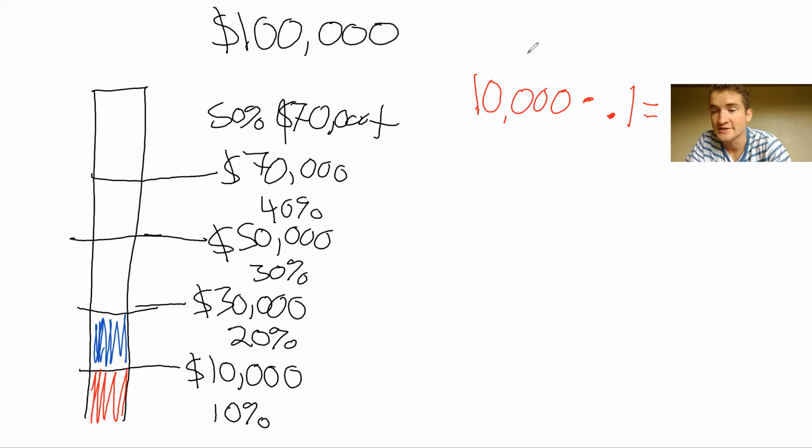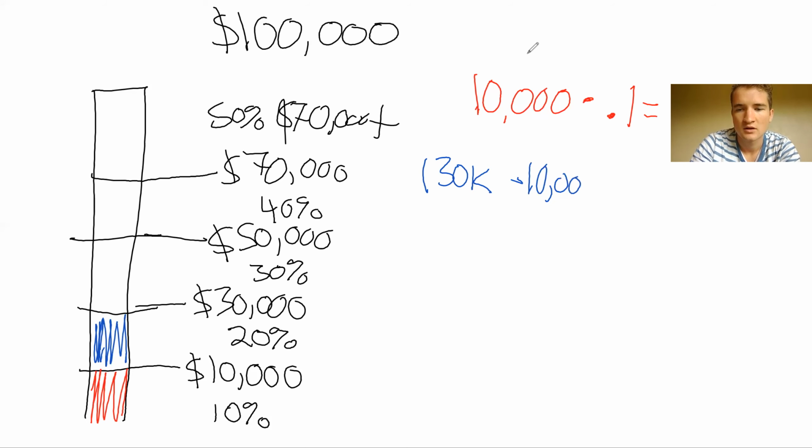Now the second one is slightly more complicated because we already counted dollar number 10,000, so we have to start at 10,001. A really simple way to see where we're measuring from: 30K minus 10,001. Then we multiply that number by the tax rate of 0.2.